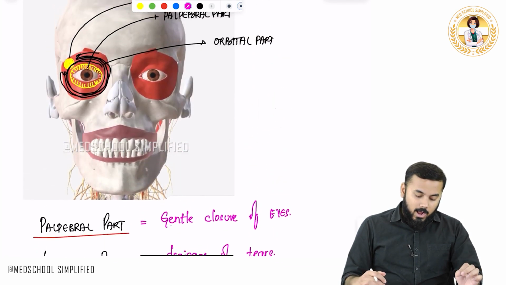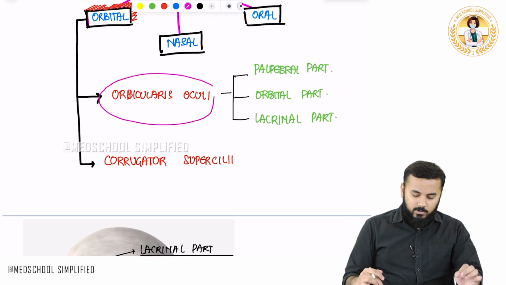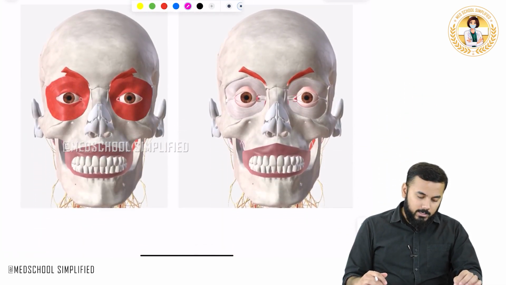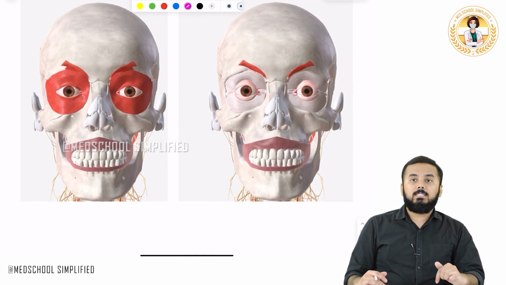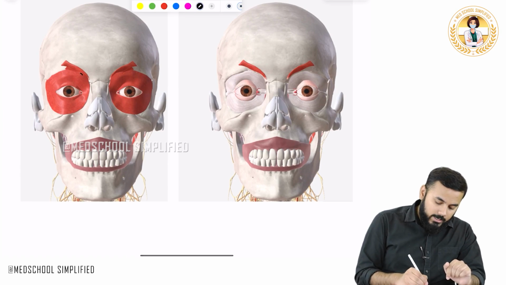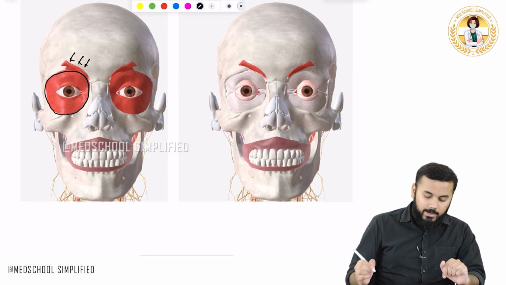Okay. Now, after the discussion of the orbicularis oculi is done, the next muscle we will go is corrugator supercilii muscle. So, what is corrugator supercilii? See, this is the muscle that is located behind the orbicularis oculi. So, all of you know that this particular muscle is your orbicularis oculi. Behind this muscle, you see this muscle, right?